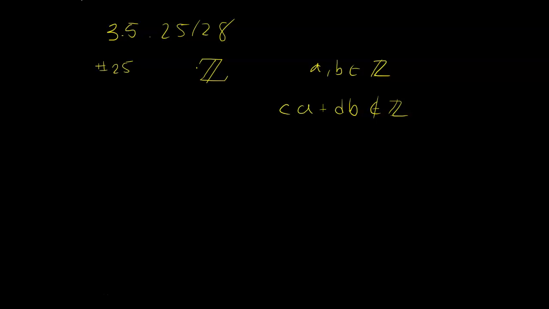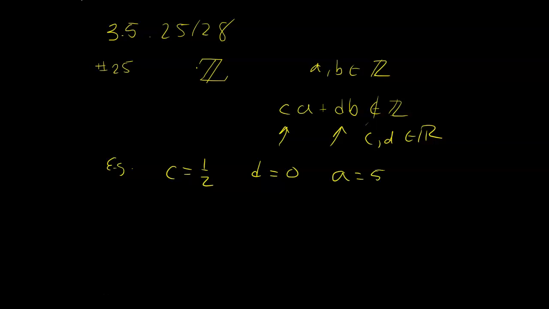The biggest thing that you're going to look at here is one of two ways you could do it. In the way we've been defining vector spaces, we've been allowing C and D to be members of the reals. So C and D are real numbers. This would be simple enough if I just let C equal 1/2, and D equals 0, and maybe A is 5 and B is whatever number you want, 6.